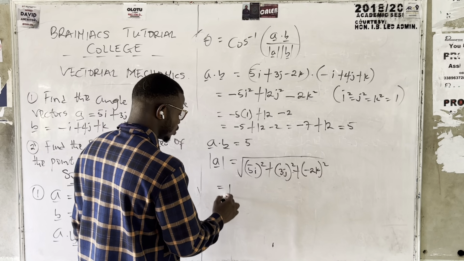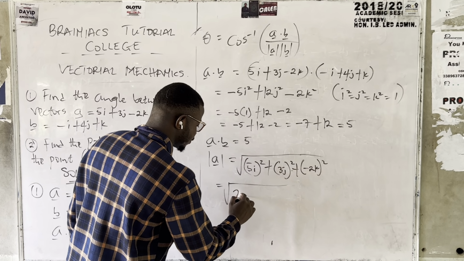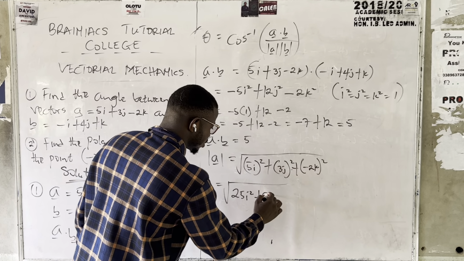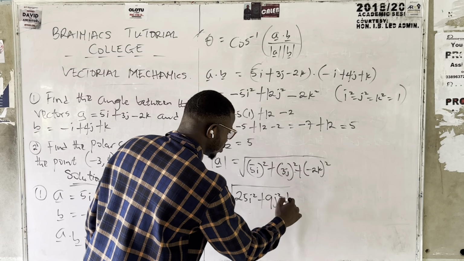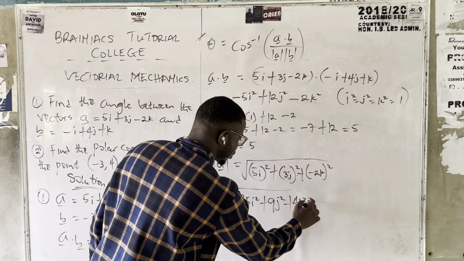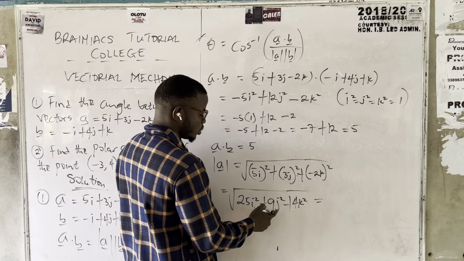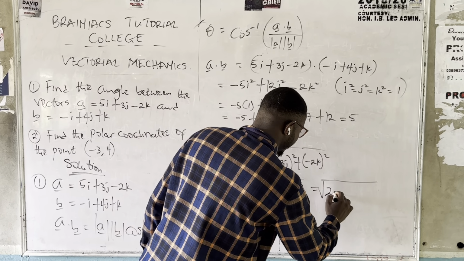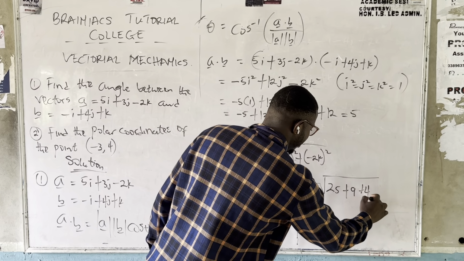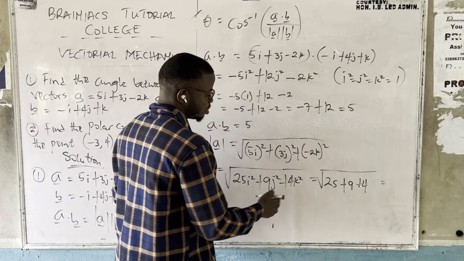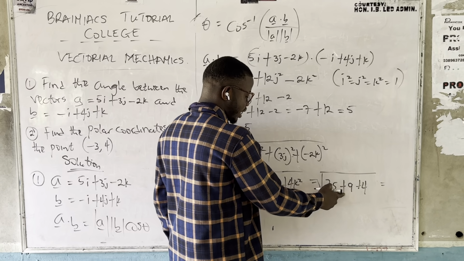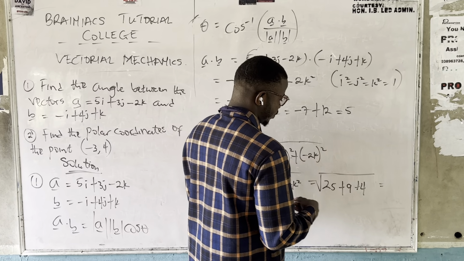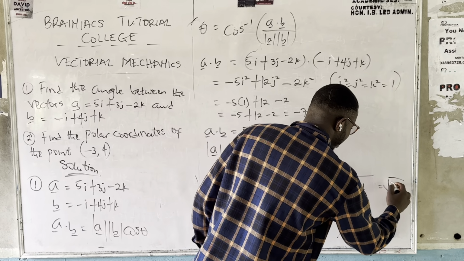So that will be the square root of, this one gives us 25i squared plus 9j squared plus this one gives us 4k squared. So don't forget that i squared, j squared, and k squared are equal to 1. So we are going to have the square root of 25 plus 9 plus 4. By the time you sum it up, 25 plus 9 gives us 34, plus 4, that's the square root of 38.